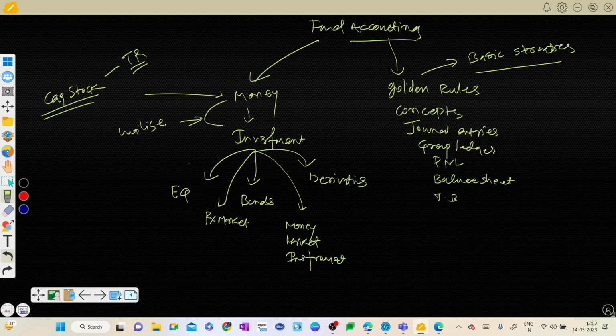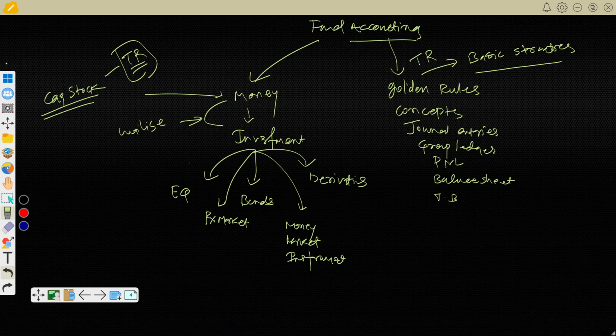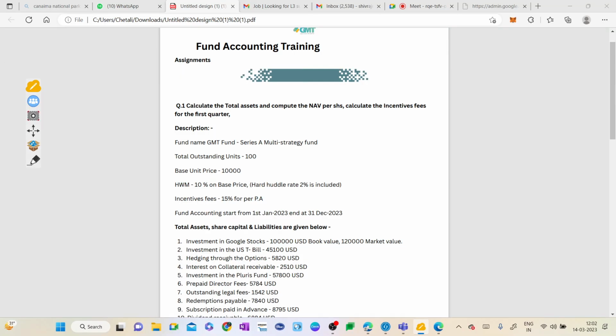So here we are seeing processing, and the same here with transaction recording. We'll go back to this same example and I'll help you see how you can link it. Investment in stock comes under your transaction recording. You need to record the transaction first.